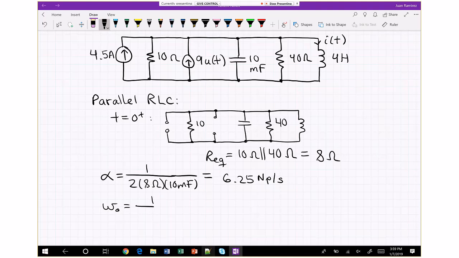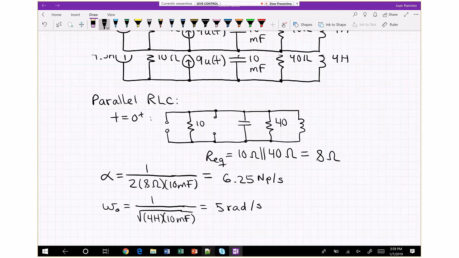Natural frequency, 1 over square root of LC. Okay, and we get 5 radians per second. Damping factor is greater than natural frequency, so once again we have an overdamped system.